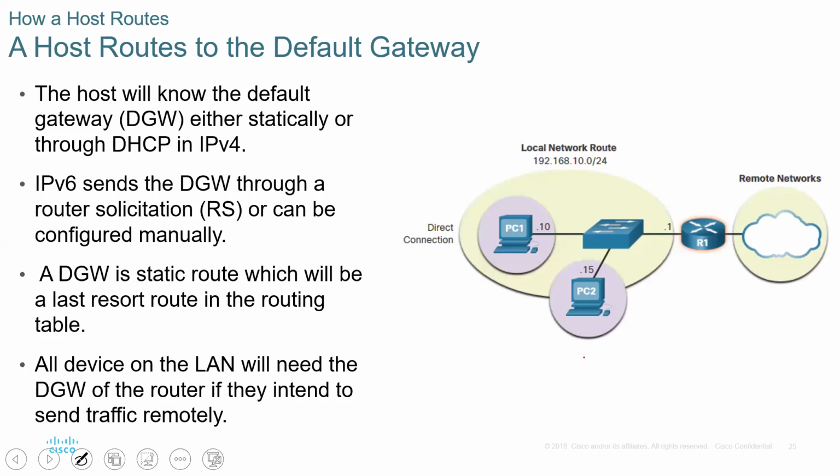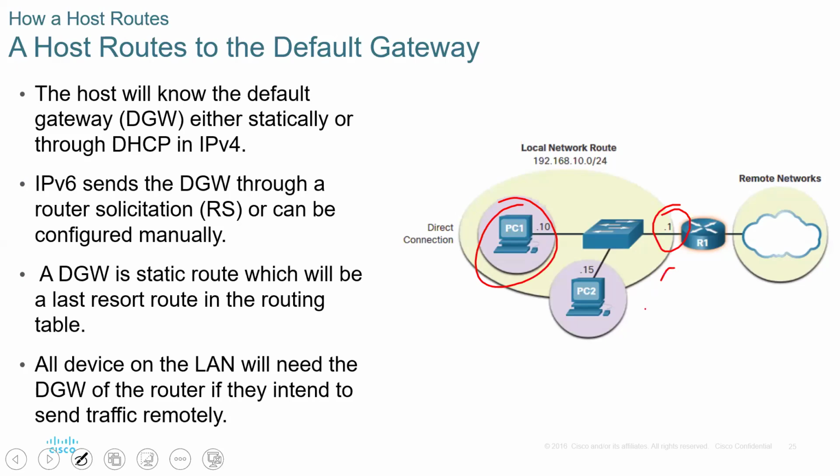All right. So the host will know the default gateway either statically or through DHCP. So anytime you have a system with an IP address, you need to check the IP addresses that it gets. Among the IP addresses, if it's given by a DHCP server, there's always a default gateway. But if you are the one assigning the IP addresses to it, you will need to give it a static default gateway, because the default gateway is the IP address of this interface here.